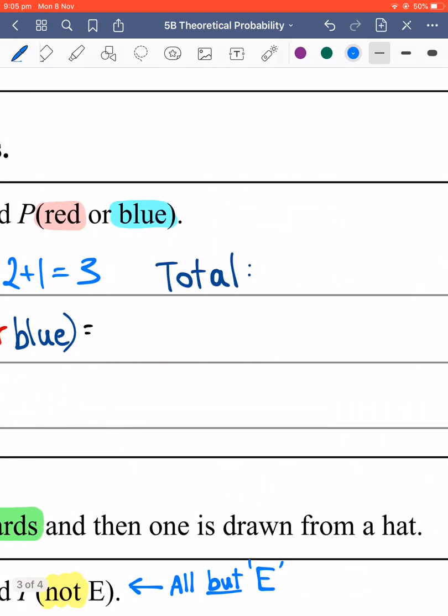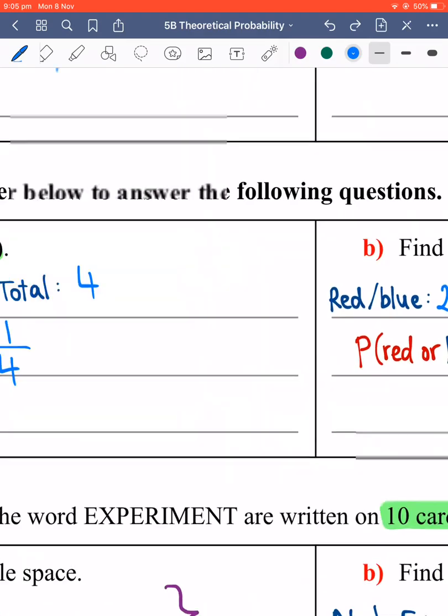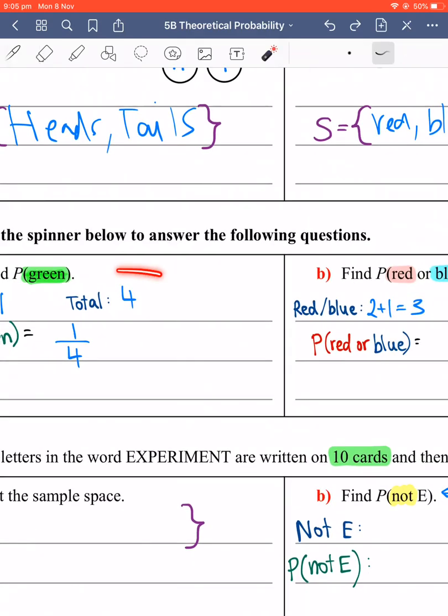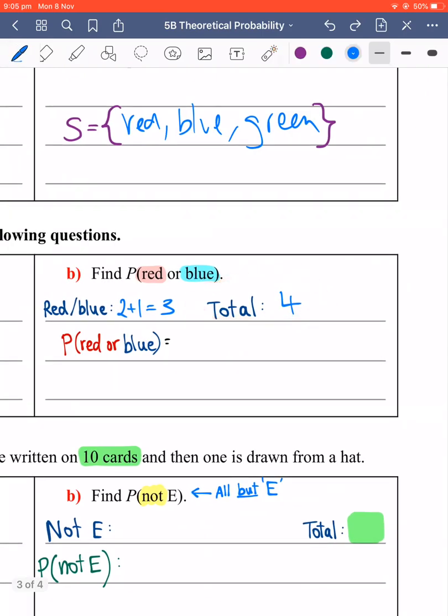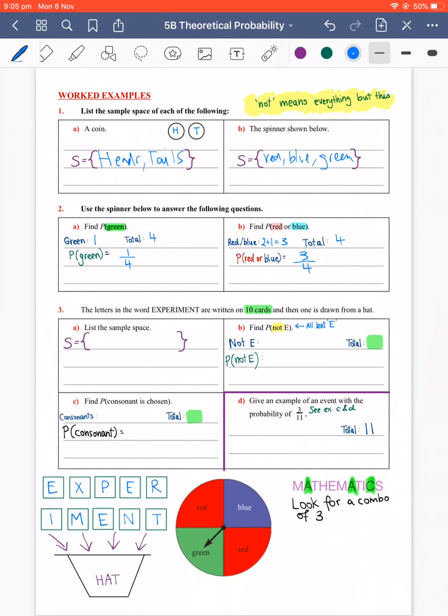And my total number of outcomes, same as before, was 4. So we do the exact same here. So we end up with 3 over 4. And double check with any of these fractions whether you can simplify them any further.